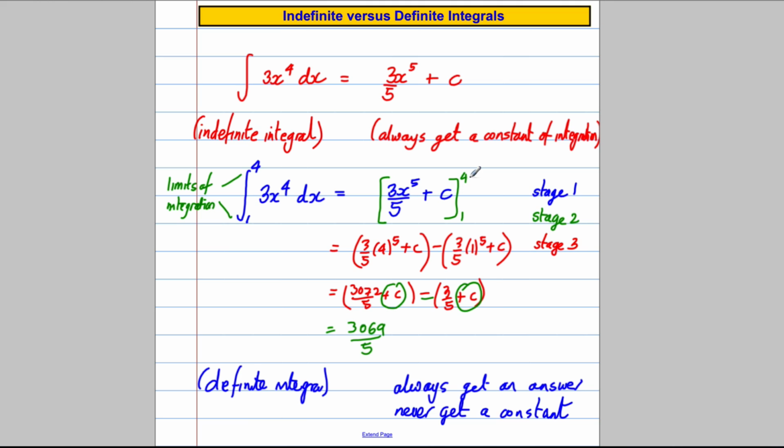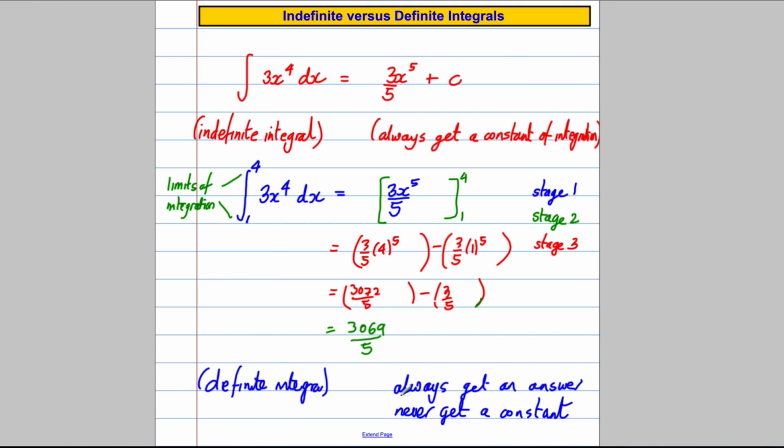When you put 4 in here, this is always a constant, nothing will go into that. And when you put 1 in, or whatever the number is, the constants will always subtract each other and go away. So really, on the first stage, when you integrated the thing, when you see definite integrals, there's no need to add a plus c here. No need at all, because they will always disappear. And we know they will disappear, so we don't bother writing them in. And we would work out the final answer.